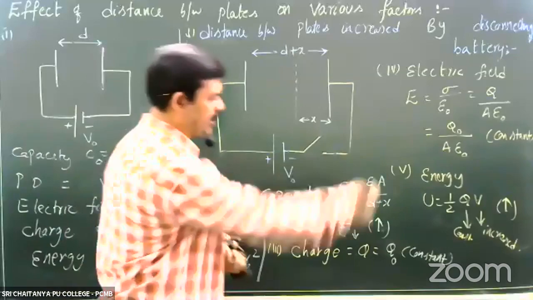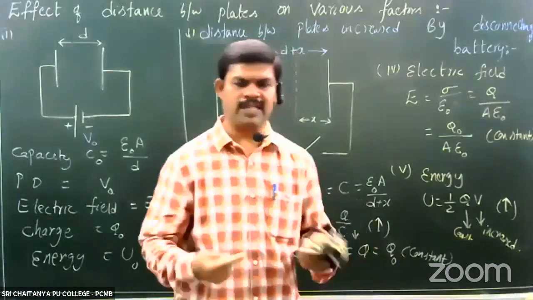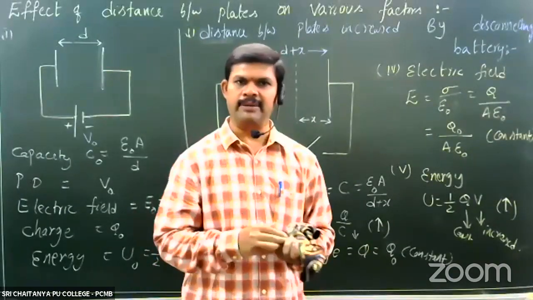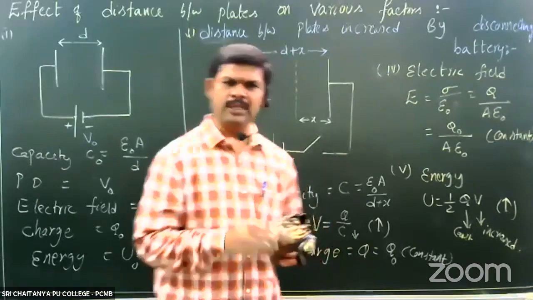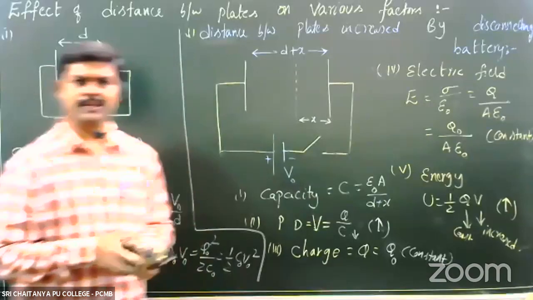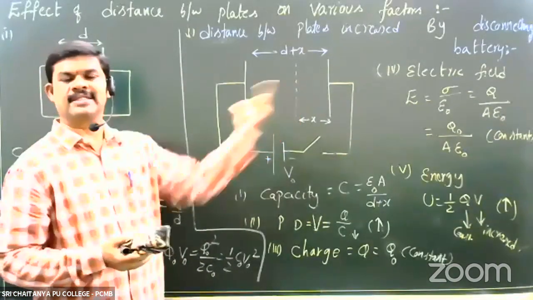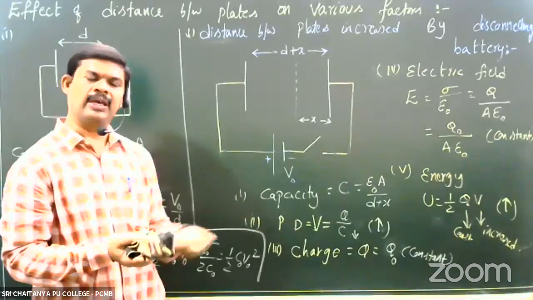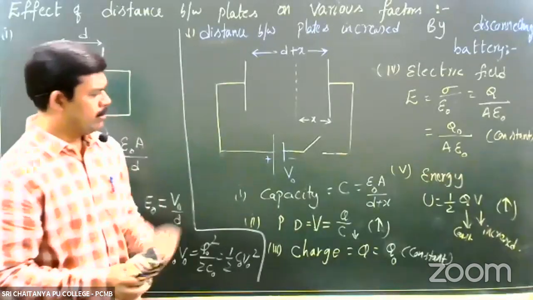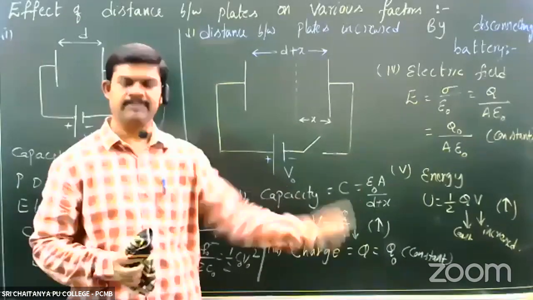If you want, you can substitute values. You can find energy with three formulas, any one of them; I used half CV square, Q square by 2C. Energy increases. This is the effect of increasing the distance between the plates. In the same way, you can think of decreasing the distance also. But whenever a question comes in the exam, you have to analyze in this manner.